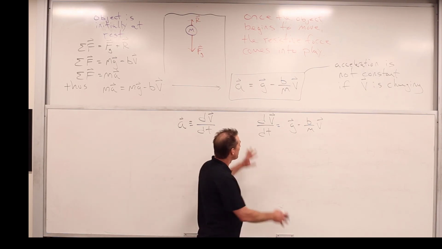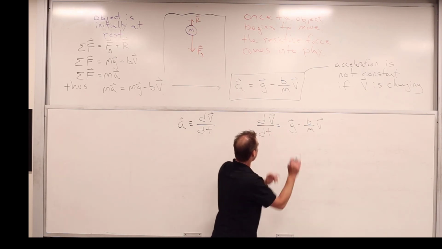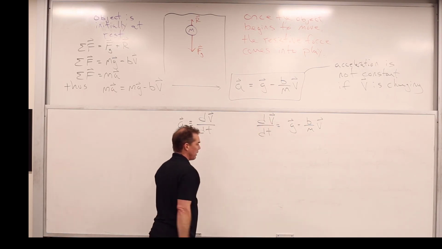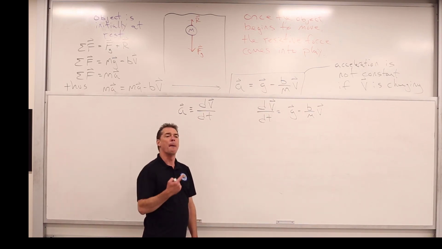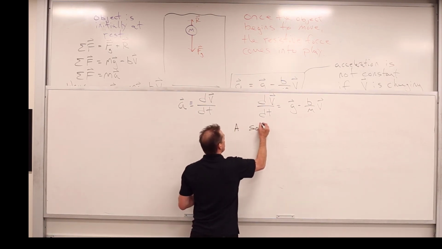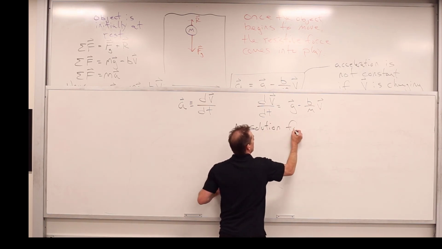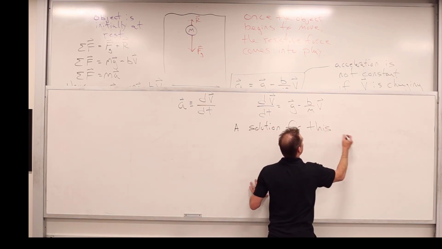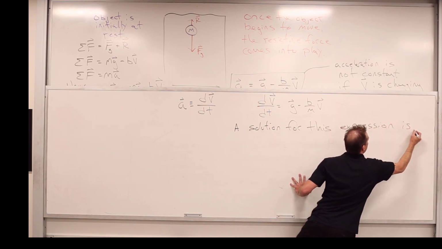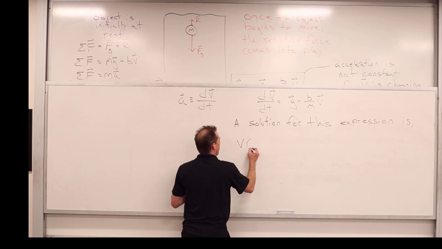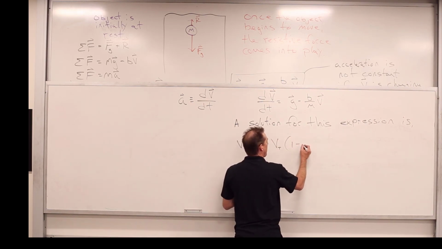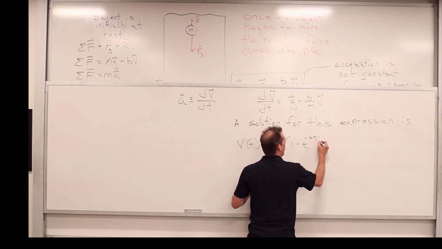Not going to do it here, but we could start getting all the v's on one side, all the constants on the other side, throw dt over here, have a dv over v sort of thing over here, and we can come up with this particular solution. A solution for this expression is v of t is equal to v sub t times 1 minus e to the negative bt over m.